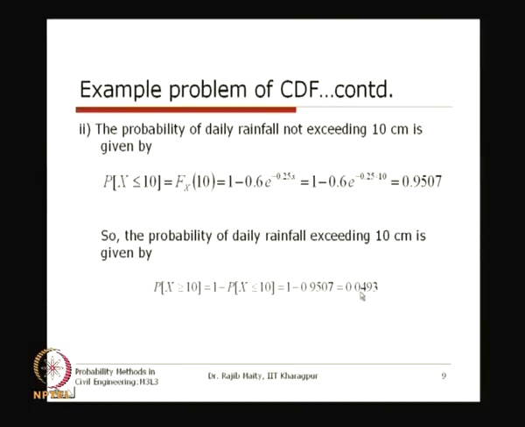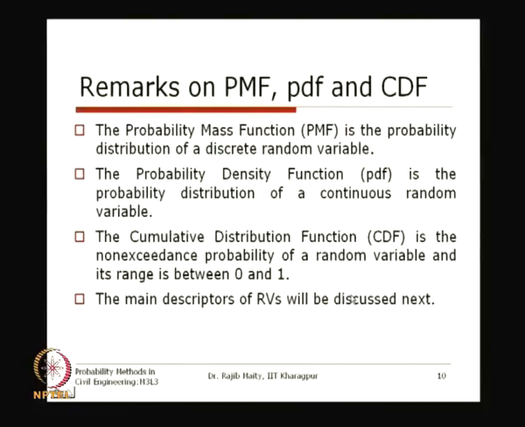Up to this point, we have seen the PMF, the probability mass function, which is for discrete random variables. Then we saw the probability density function, which is for continuous random variables, and lastly the cumulative distribution function, for both discrete and continuous random variables.